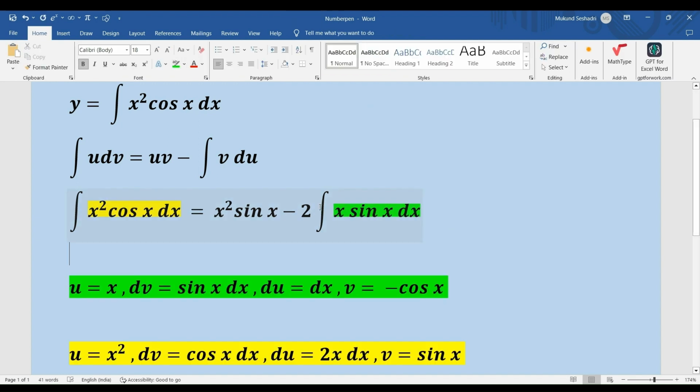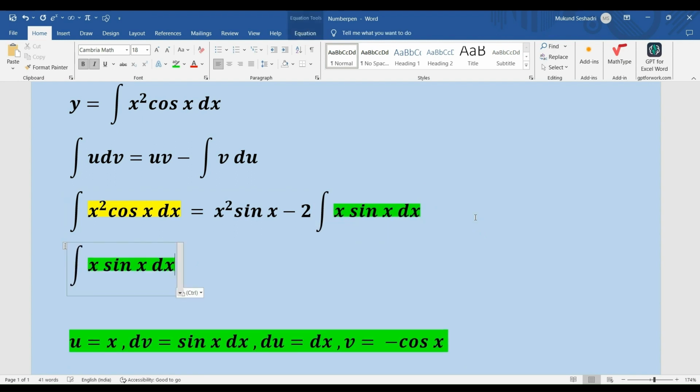So this is what we have, and let me highlight my entire line in green. So now I'm going to treat this integral separately before I come back to this expression. So let's write down what is our integral of x sine x dx. Again, I apply integral by parts. So my uv, which we know from what we have highlighted in green, is minus x times cos x, right? And minus of integral of v du.